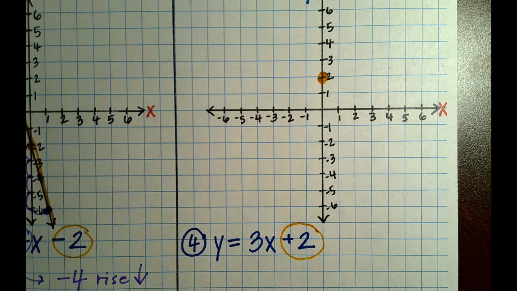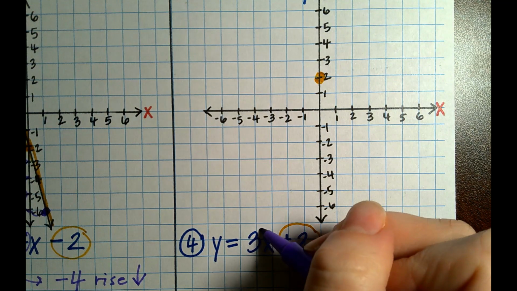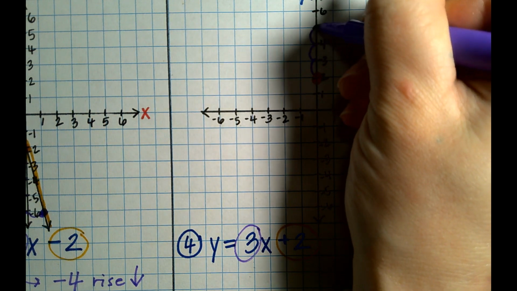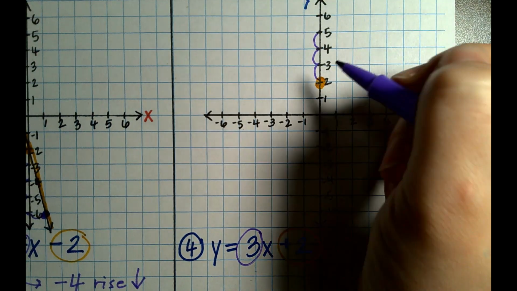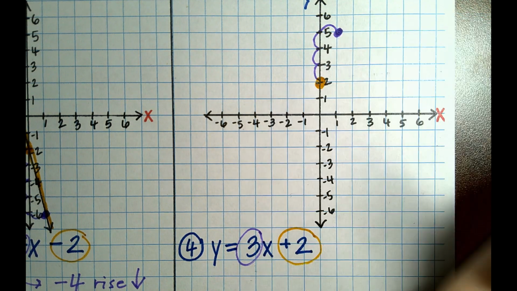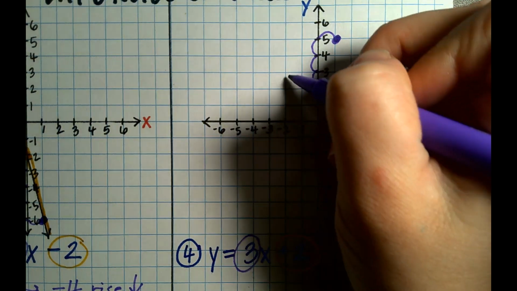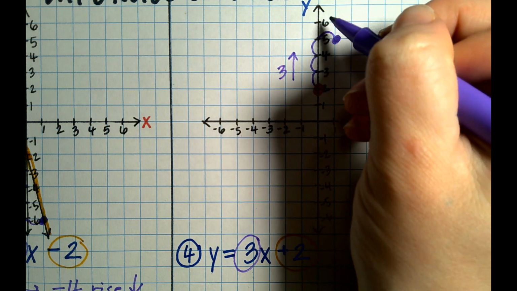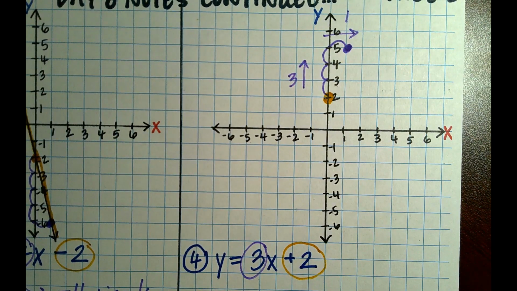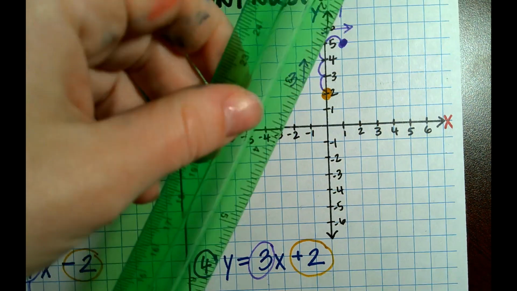Because our slope is 3, our rise is 1, 2, 3. And over 1. And good, over 1. And that will be our second point. We went up 3, over 1. Yes, connect the dots.